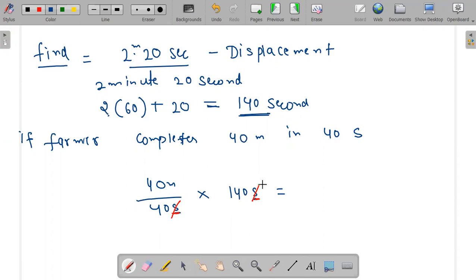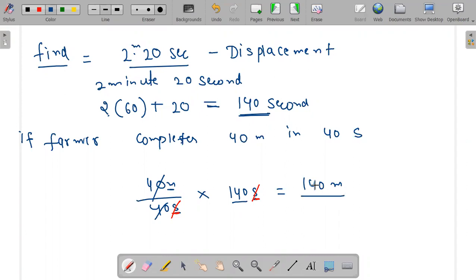Now only meter is left, and 140 is left. So I will write 140 meter. I cannot cut meter because I don't have another meter to cut. Then I will cut second and second, because one second is in the numerator and another second is in the denominator.